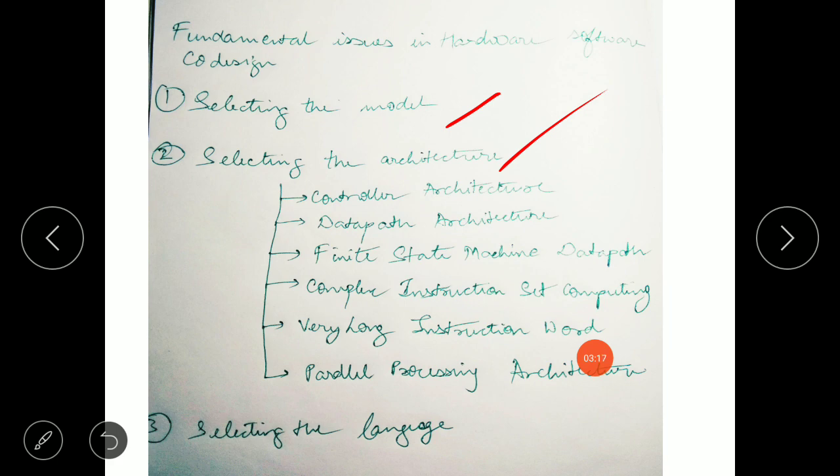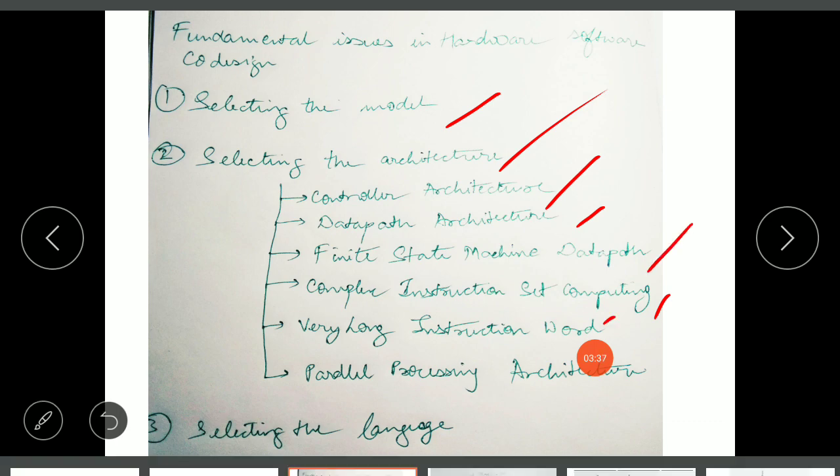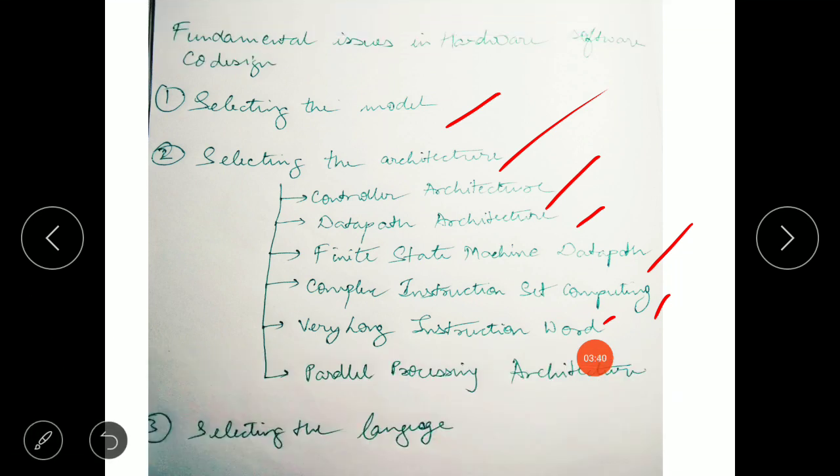Here I am going to tell you about some commonly used architectures in system design, like controller architecture, data path architecture, complex instruction set computing, reduced instruction set computing, finite state machine data path, very long instruction word, and parallel processing architecture, etc. The controller architecture implements the finite state machine model using a state register and two combinational circuits.